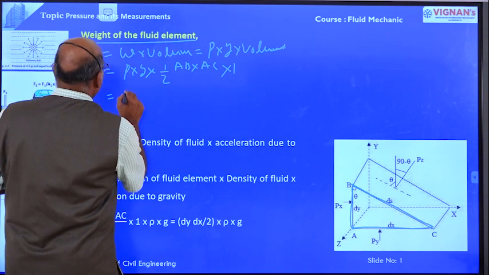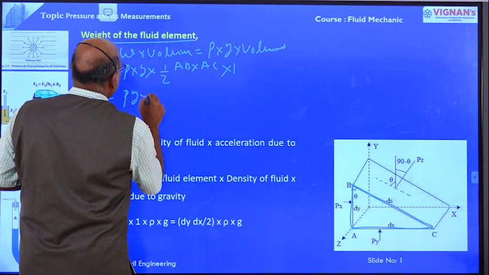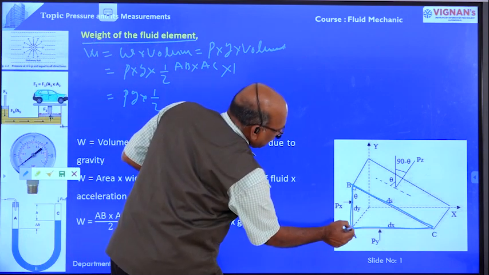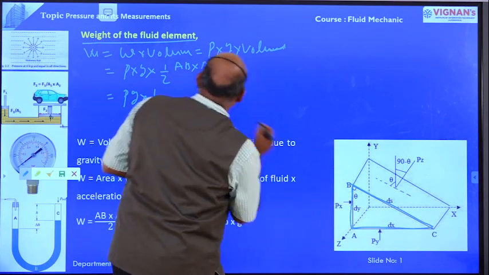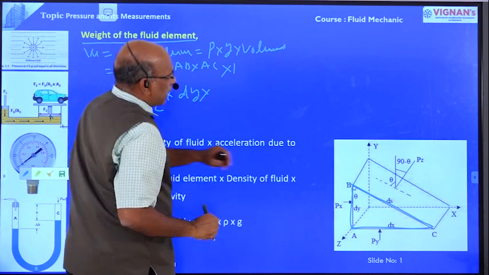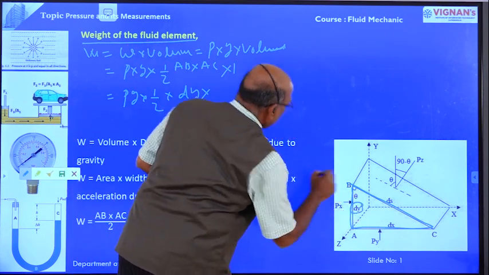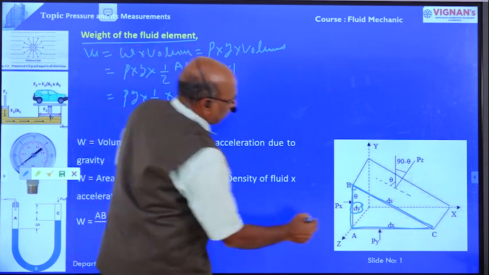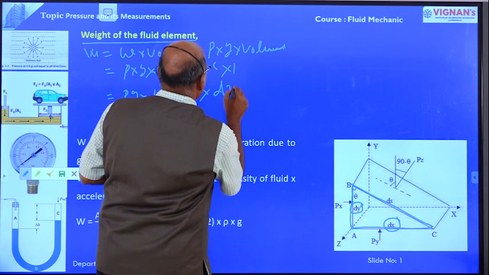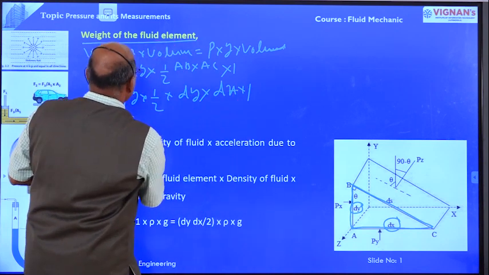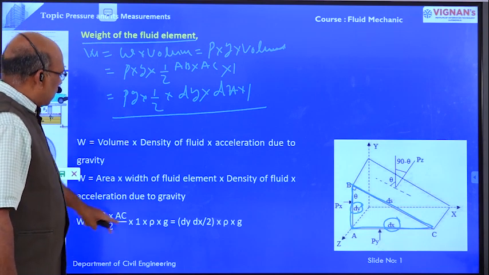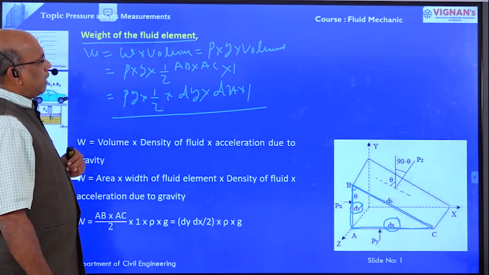So this is equal to rho g into 1 by 2, AB is dy and AC is dx, into 1. This is the weight of the fluid element.